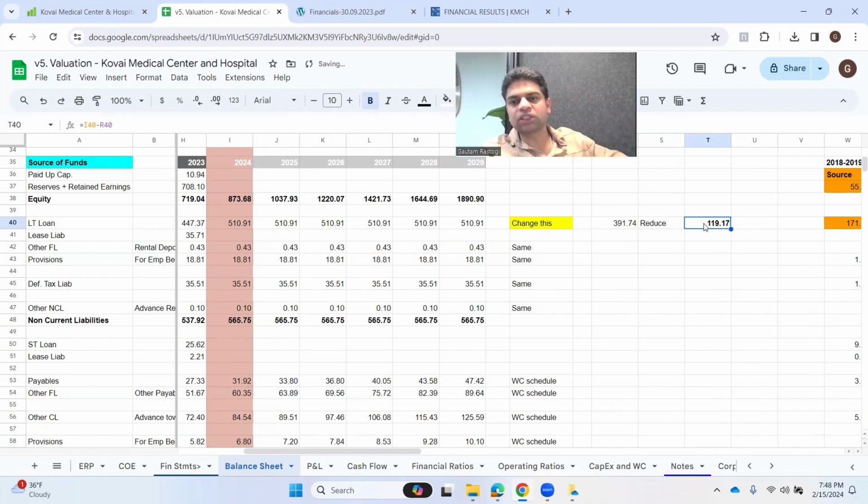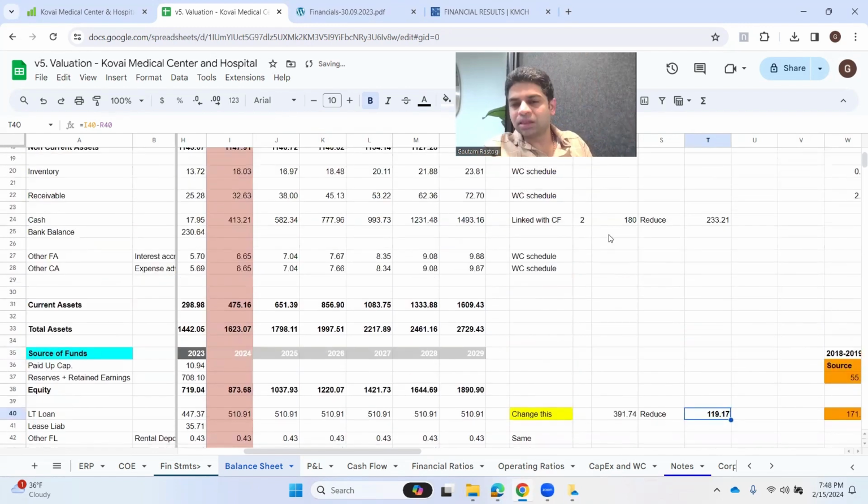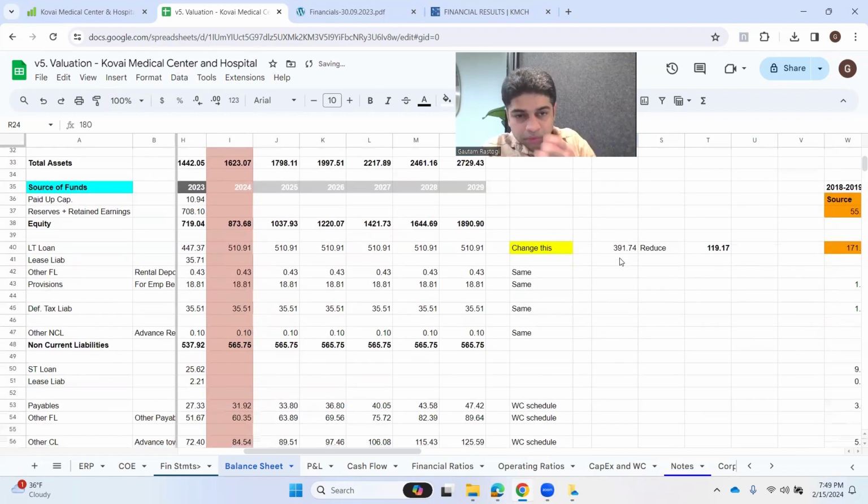And that explains the difference in this cash. It doesn't explain it precisely, but it does tell us that they have used cash to pay down the debt. Okay, right? So this number we'll use.